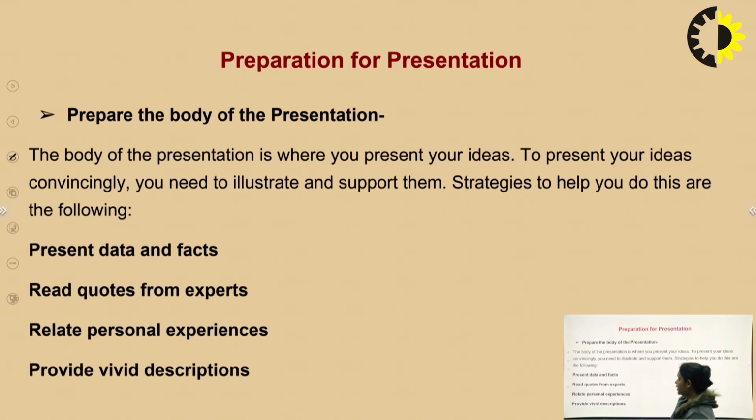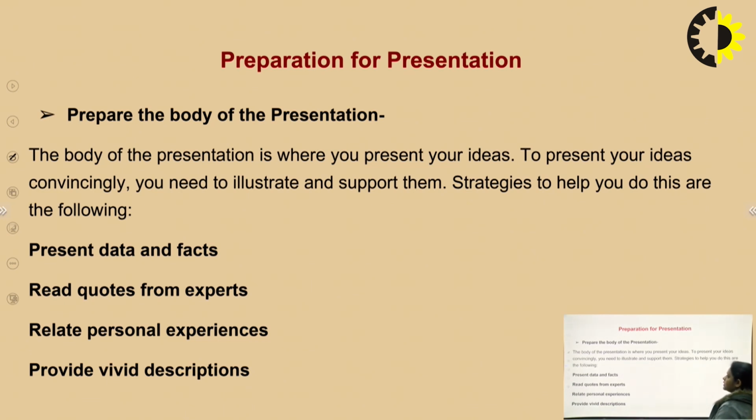How do we prepare? First of all, we prepare the body of the presentation. This is the main content. What the explanations are, how things are to be illustrated, all such things are here, and this is the major and lengthy part of our presentation, so we prepare it first.